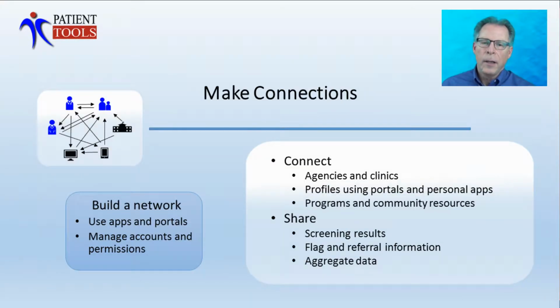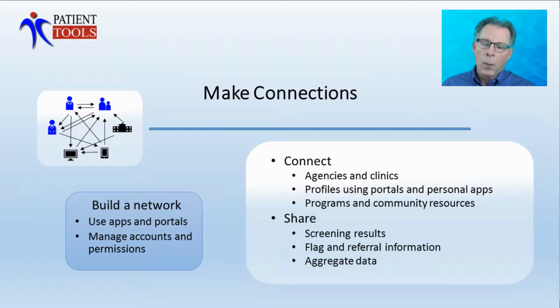The next thing, after you get past the idea of electronic, is to think of the next level of making connections. We make connections on three different levels. It's between agencies and clinics, but we can also connect profiles up into portals, and then you can manage activity inside of portals, and even connect over to personal apps on a profile level, which you can also use for care coordination.